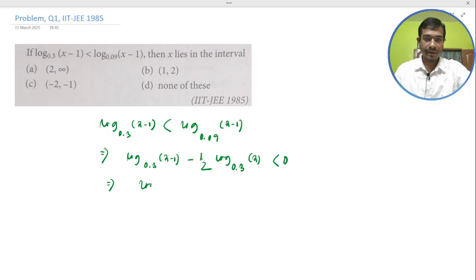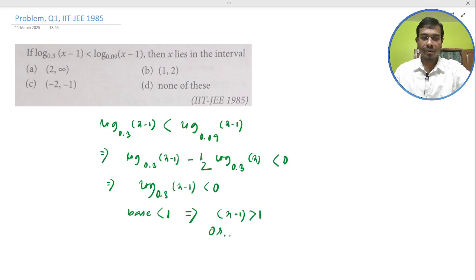That means both logarithms have the same base, so x minus 1 less than 0 in effect. Now the base is less than 1, okay, base is less than 1. That means x minus 1 should be greater than 1, or x greater than 2. X greater than 2 means x belongs to 2 to infinity. Option A is correct.